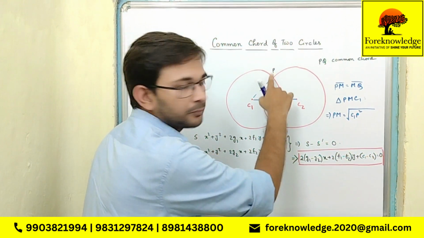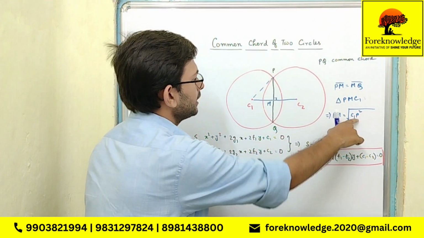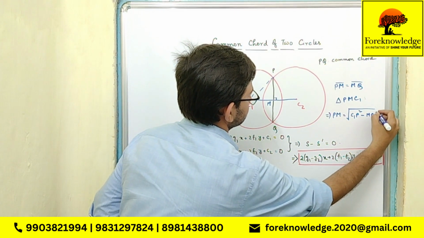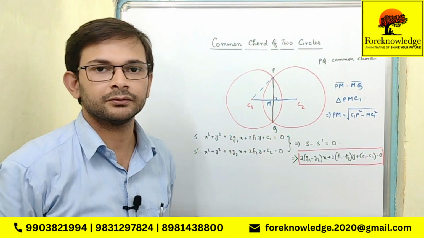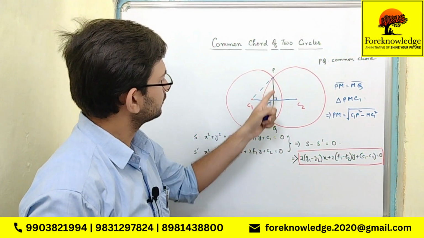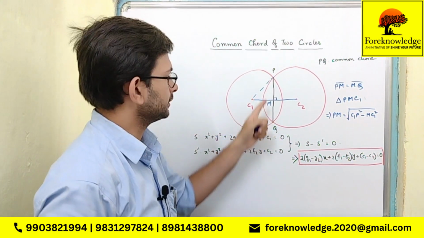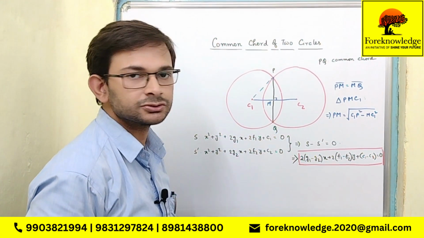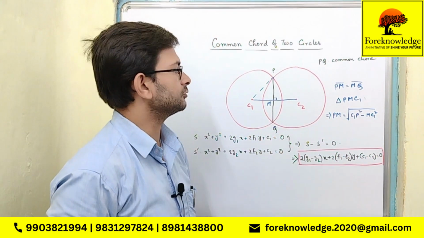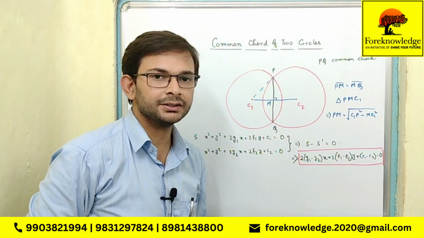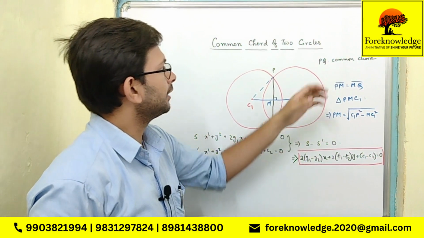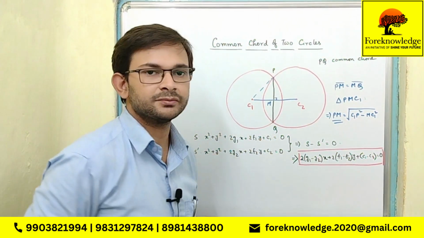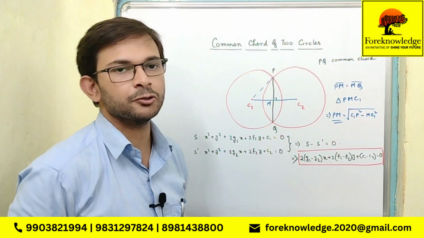So height PM equals the square root of C1P whole square minus C1M whole square. That's how we find half of the length of the common chord, and just multiply PM by 2, we will get PQ.